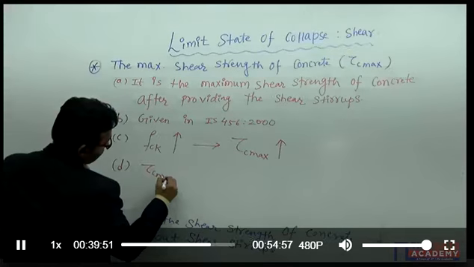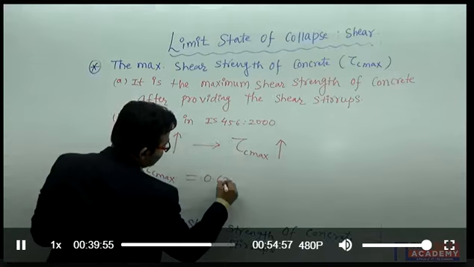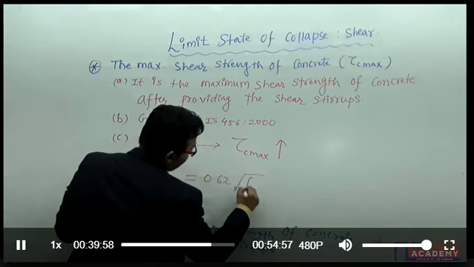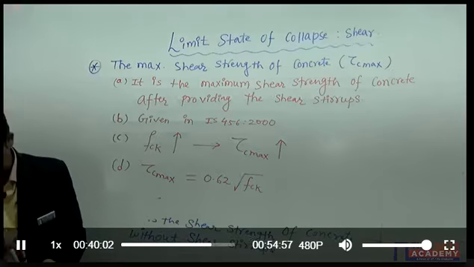Tau c max is generally equal to 0.62 under root fck.